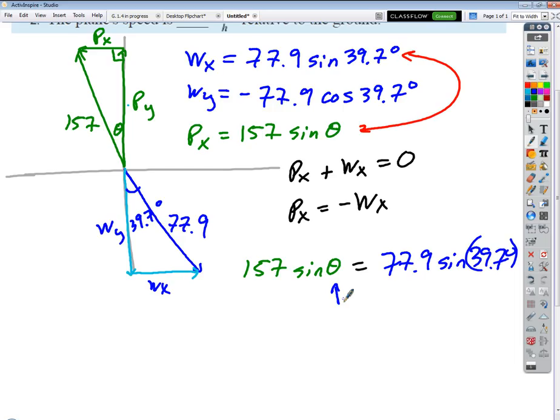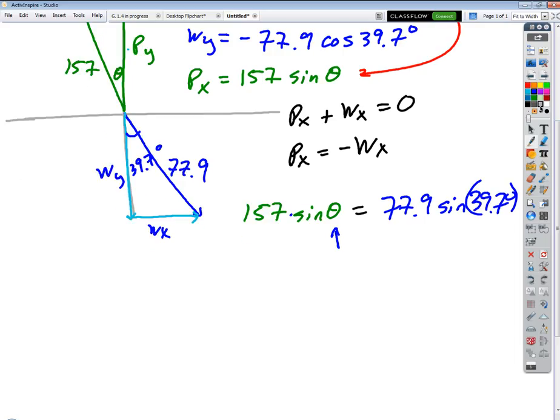Okay, good, and this is the part that's a little bit tricky. If we want to get to that sine theta, first we have to isolate the sine theta. The first thing we want to do is undo multiplying by 157, so we divide both sides of this equation by 157. Those cancel.